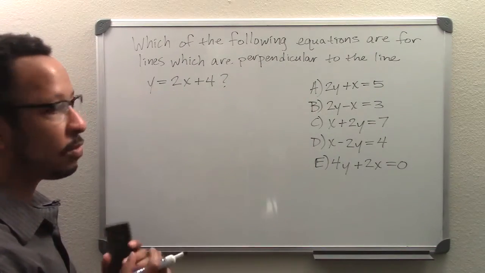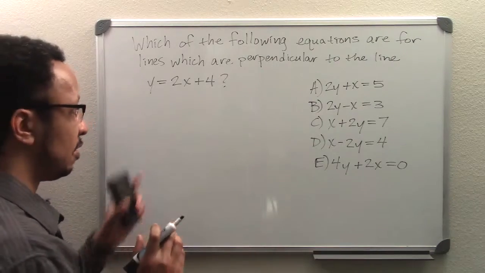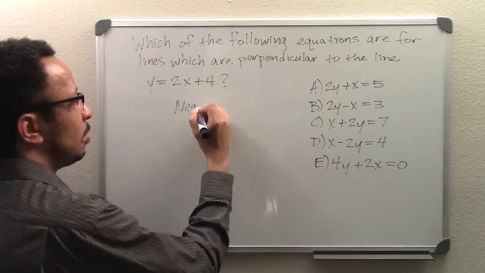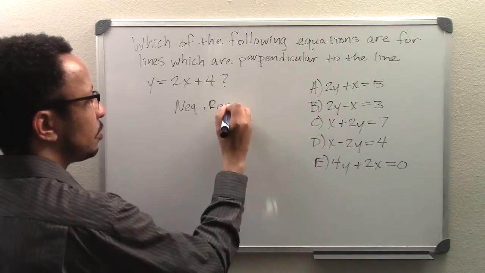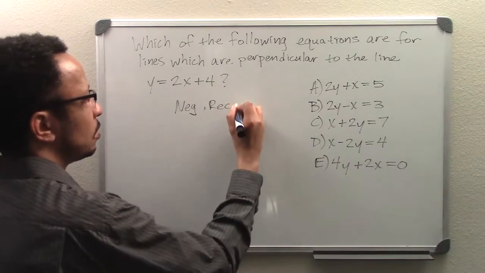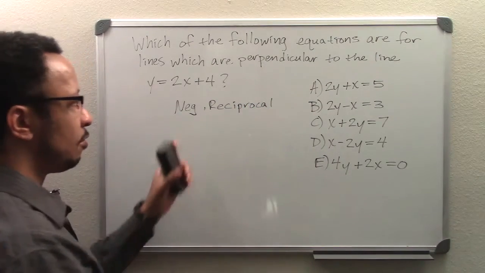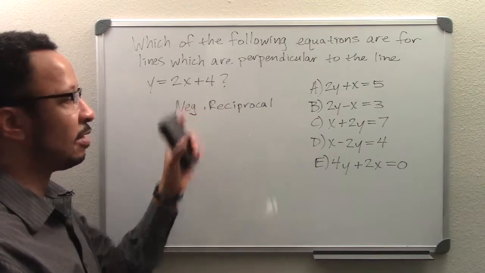If it's going to be perpendicular to this line, it has to have the negative reciprocal slope of this line.